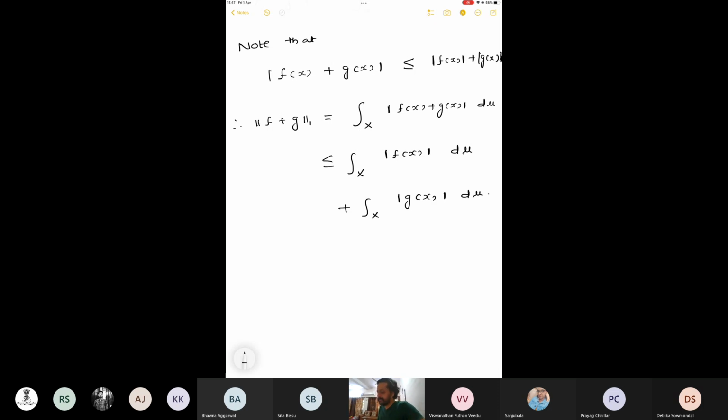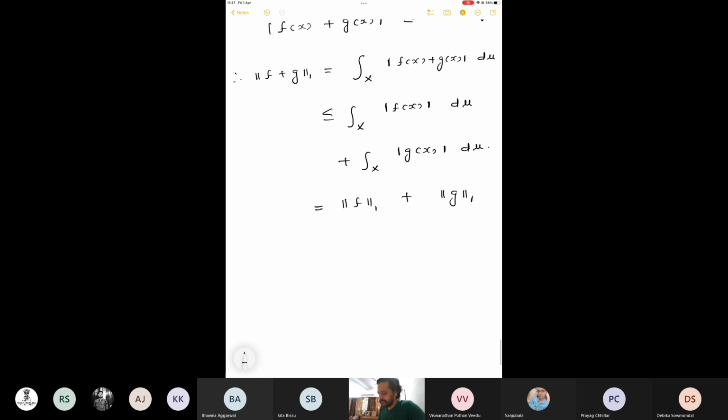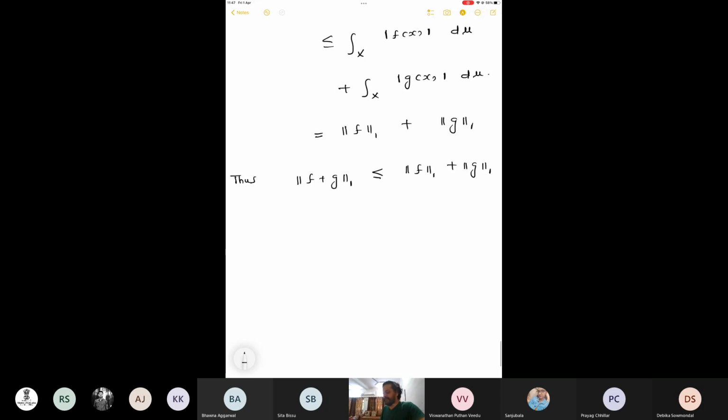The first one is what you have as norm f1, and the second one is norm g1. So you have norm of f plus g1 is less than or equal to norm f1 plus norm g1, because in between you have a less than or equal to. Thus, norm 1 of f plus g is less than or equal to norm 1 of f plus norm 1 of g. Other properties are easy to observe.